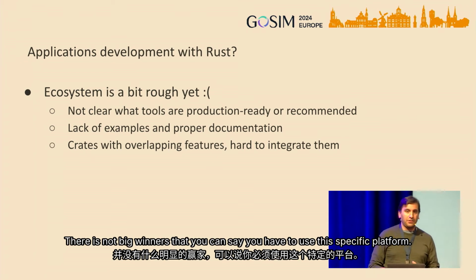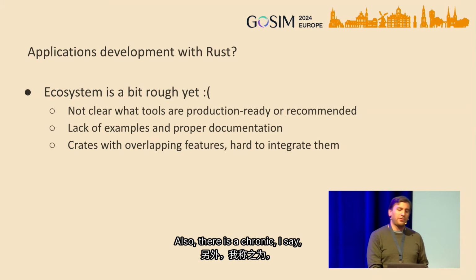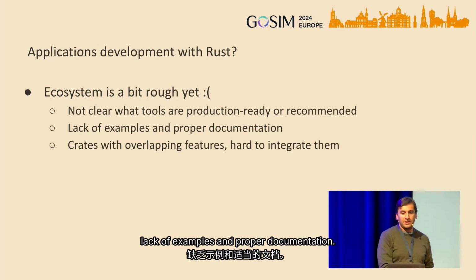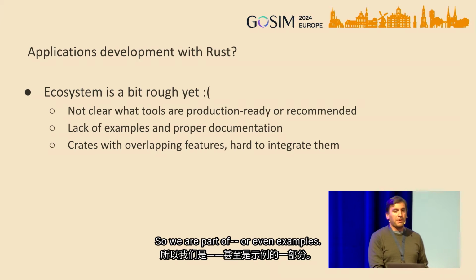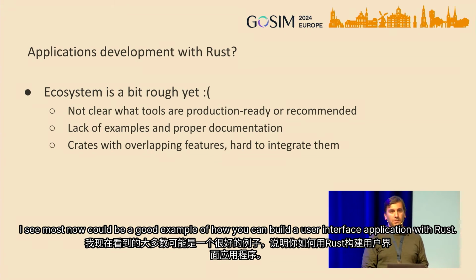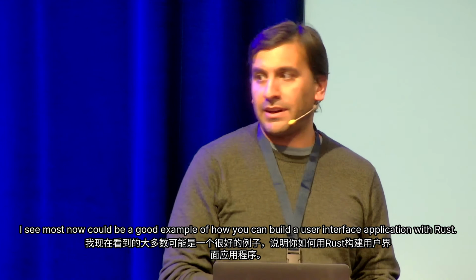There are no big winners that you can say you have to use this specific platform. Also, there is a chronic lack of examples and proper documentation. I see Moxin now could be a good example of how you can build a user interface application with Rust.